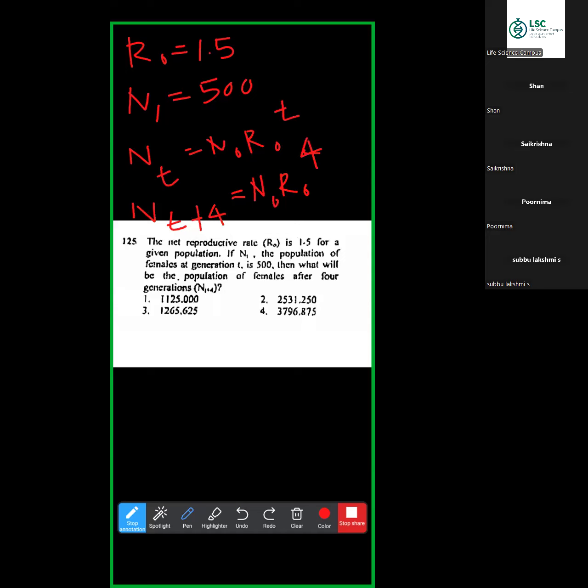Here we want to just substitute the given values. N0 is 500 into R0 is 1.5, the whole raised to 4. 1.5 raised to 4 is 5.0625 into 500.